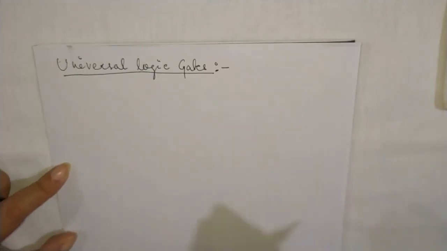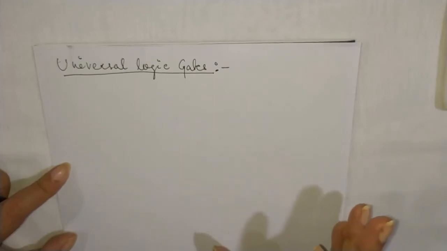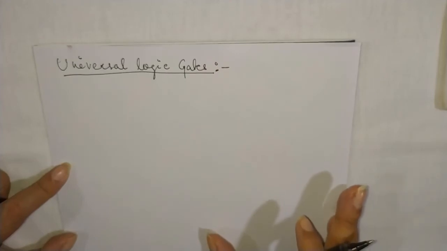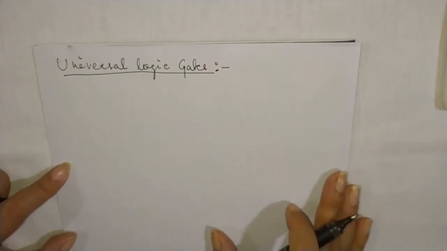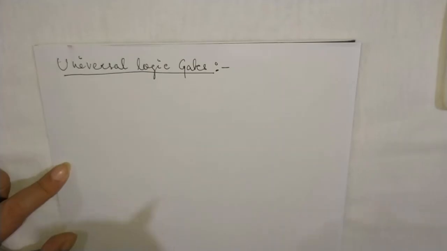So it can read only two digits. 0 means off condition, 1 means on condition. Or 0 means open circuit, 1 means closed circuit. So these things we have already discussed. Now let us talk about why it is called universal logic gates.